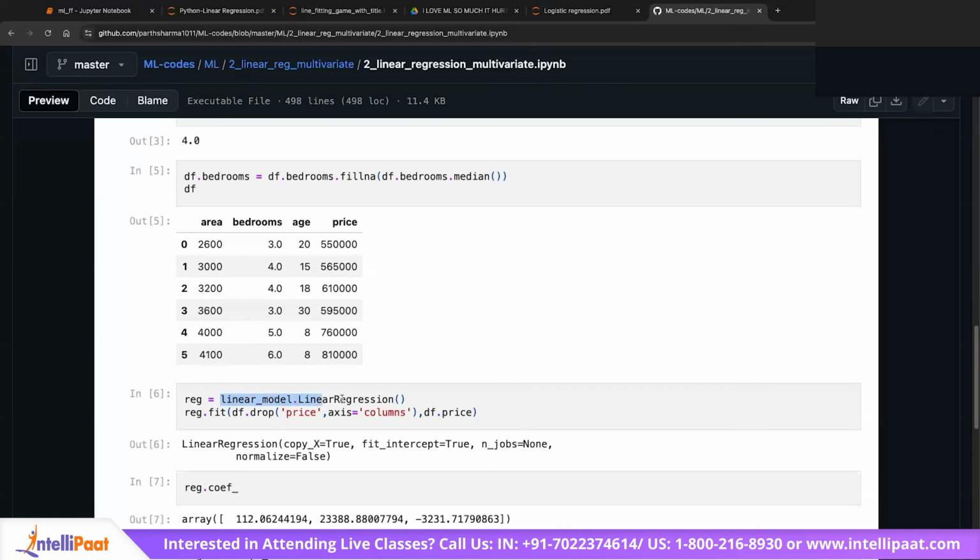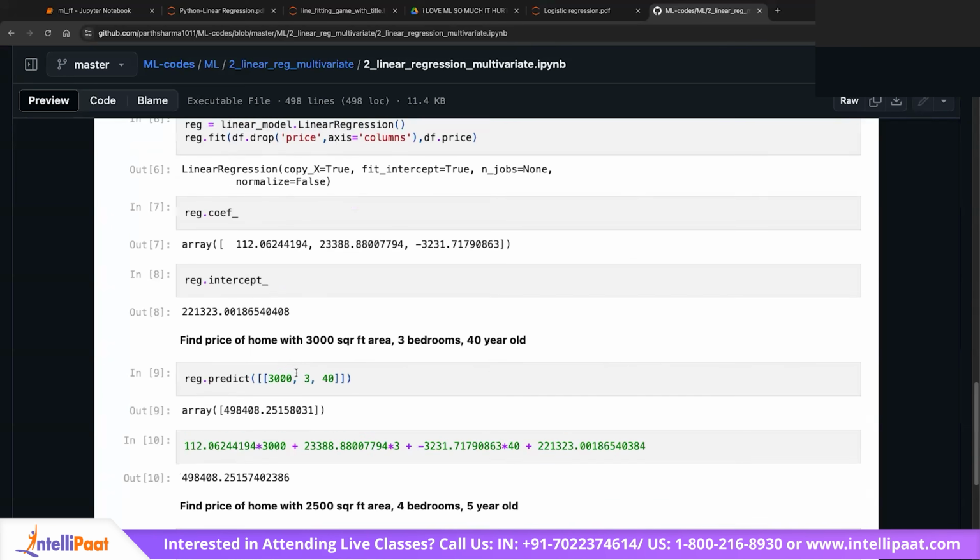Regression model dot fit, but I am dropping price, meaning I am taking area, bedroom, and age in my regression model. But what will my y variable be? My target y. That's it. You just have to do regression is equal to linear model. X will be area, bedroom, and age, and price will be separate.